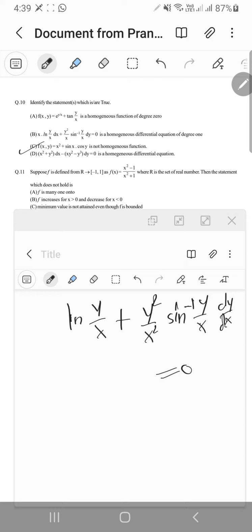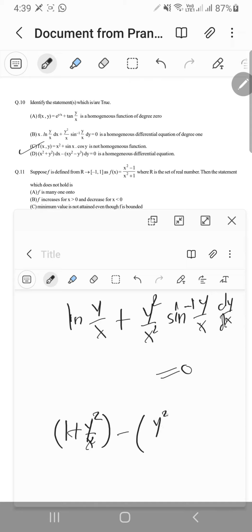X squared plus y squared dx minus all that stuff is a homogeneous differential equation, divided by x squared, which is 1 plus y squared by x squared and dx as well, so minus. No, this is not a homogeneous differential. So C is correct, this is not correct. Yeah, that's how it is.